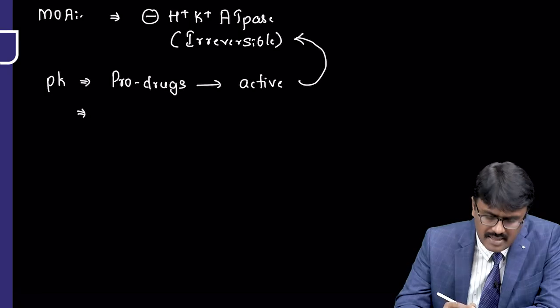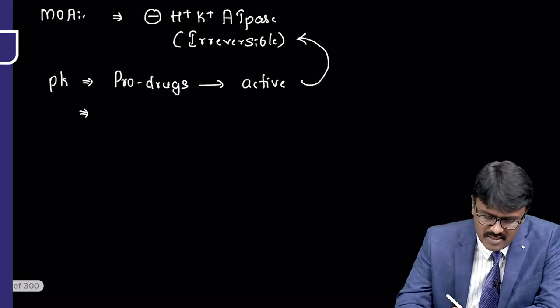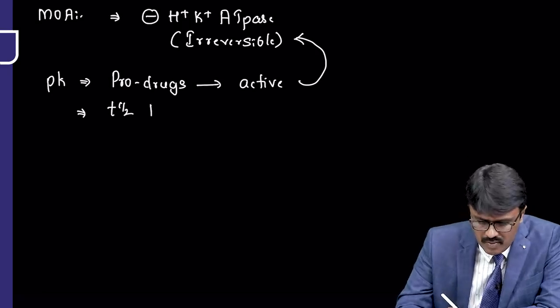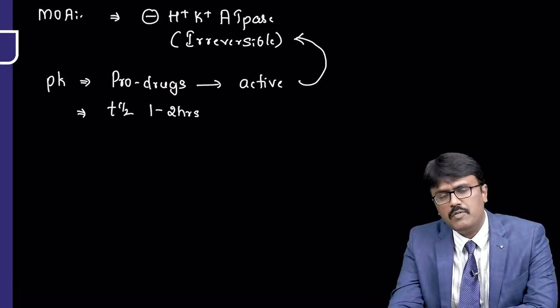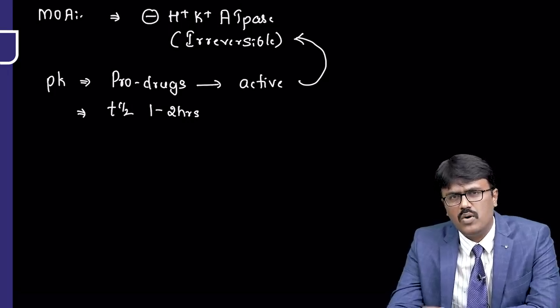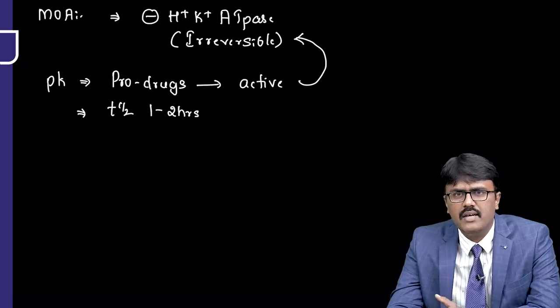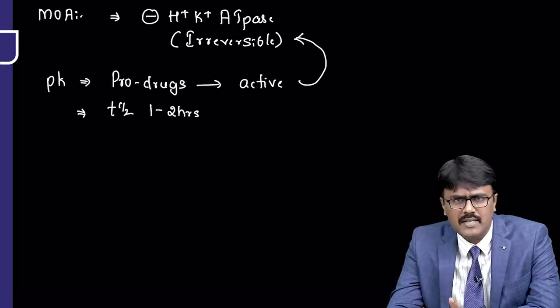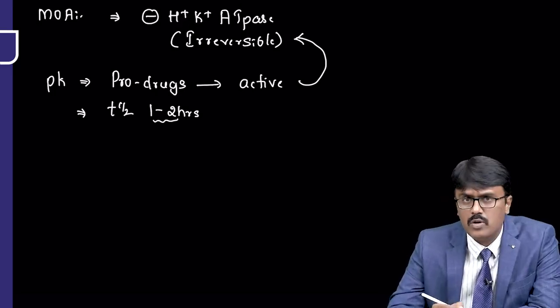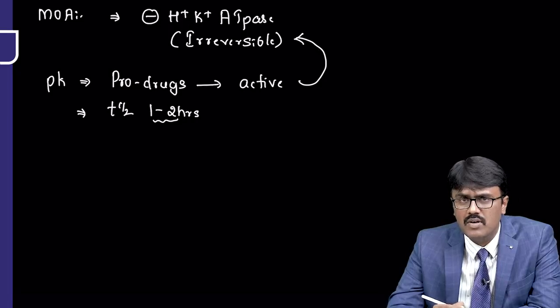Another exciting thing about these drugs is they have a very short half-life, that is 1 to 2 hours. If they have a half-life of 1 to 2 hours, do you think we have to give it every 2 hours to the patient? No, we don't give it like that. We give it once, maximum twice a day. But why are they given once or twice a day? Because they are longer acting.